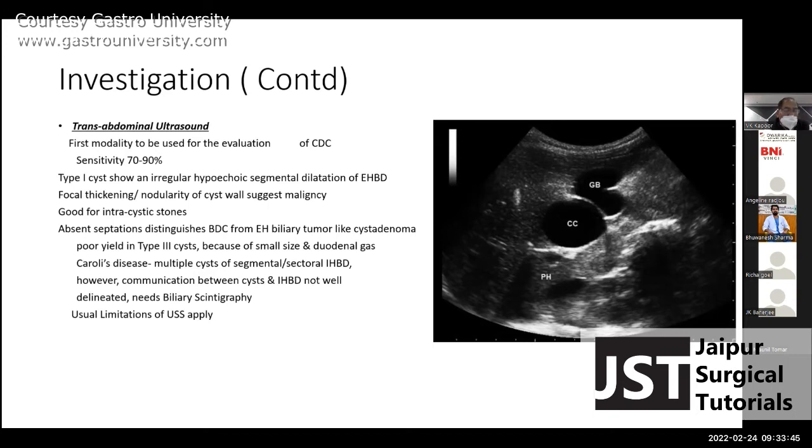In Caroli's disease, there are multiple cysts of segmental and sectoral intrahepatic biliary ducts. However, communication between the cyst and intrahepatic biliary ducts cannot be well delineated, and for that, one needs biliary scintigraphy to delineate that communication. As expected, the usual limitations of ultrasound apply.